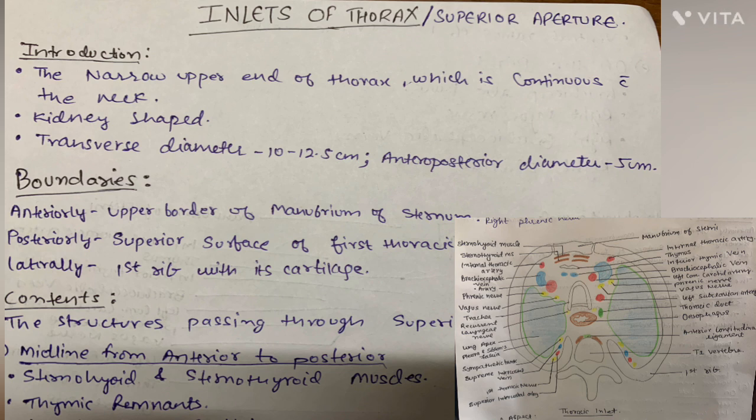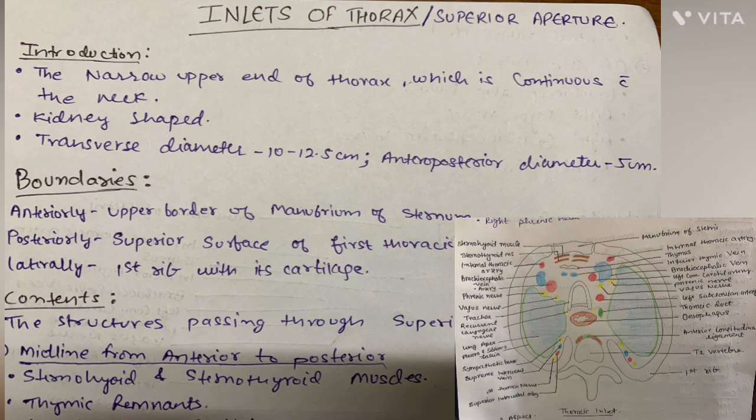Then there are the contents of the inlet of thorax. So, the structures passing through the superior thoracic aperture. In the midline, from anterior to posterior, first are the sternohyoid and sternothyroid muscles.